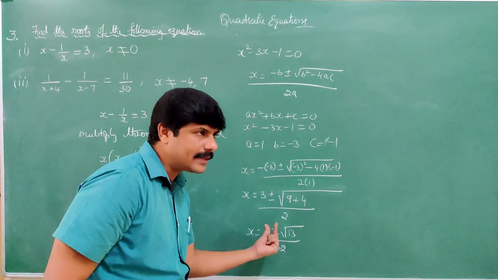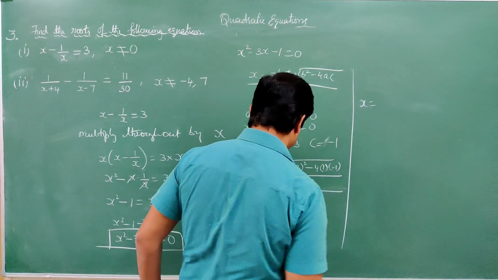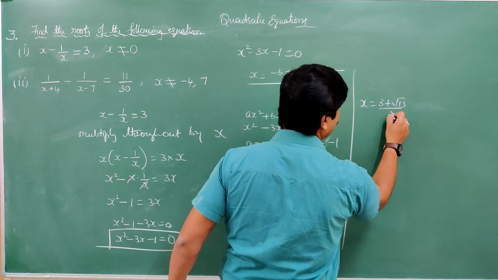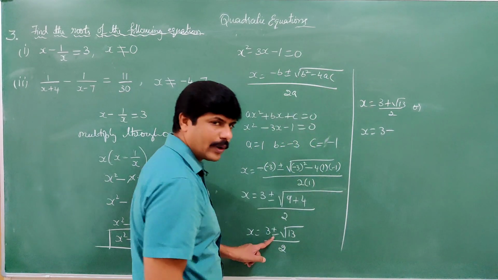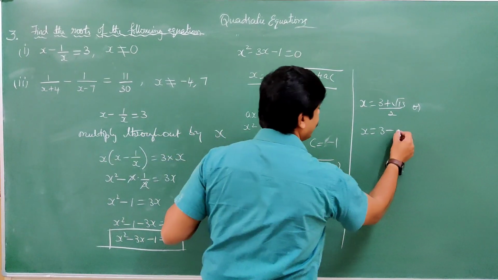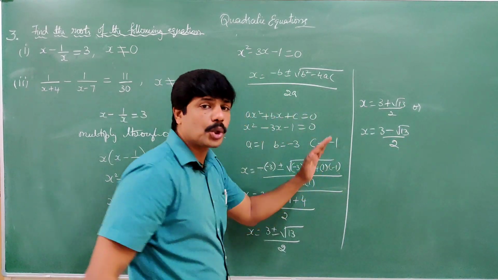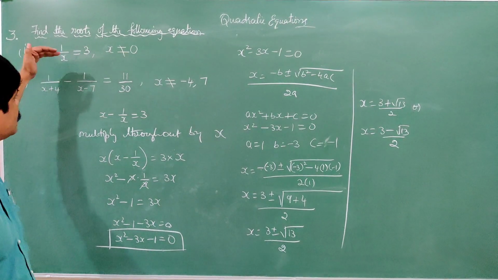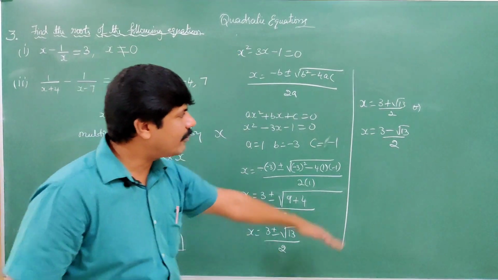Observe here, plus or minus is there, so split it: x equals 3 plus root 13 by 2, or x equals 3 minus root 13 by 2, once taking plus and once taking minus. These are the roots of this particular equation. Understand? We have brought it into quadratic equation form and then found the roots.